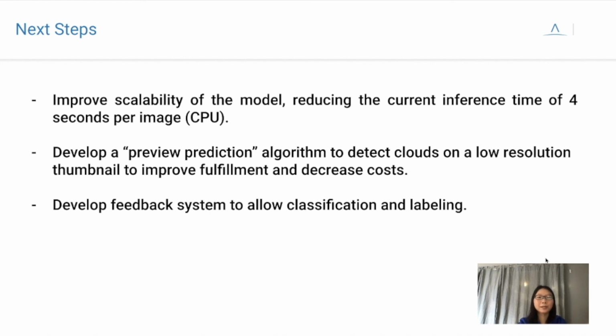Meanwhile, we are working to develop a preview prediction algorithm. It's a similar algorithm but works only on RGB-only images. And the goal for that is to run the cloud detection algorithm on a low-resolution thumbnail to improve fulfillment and decrease costs before we ever order an image for our customer.